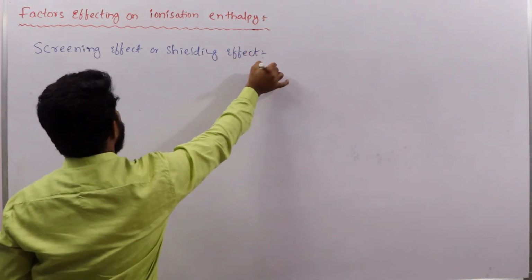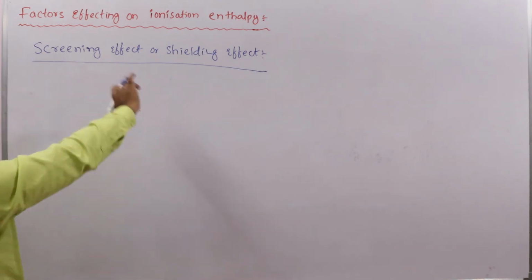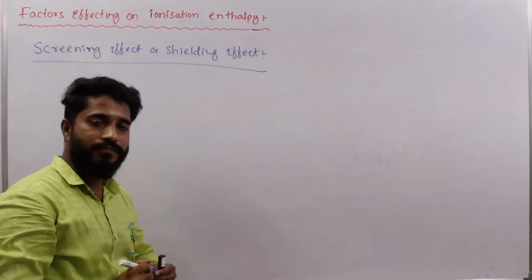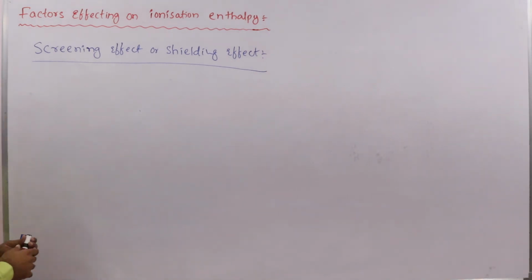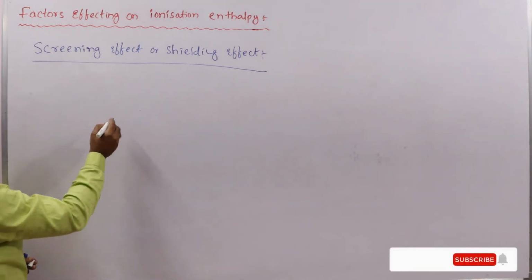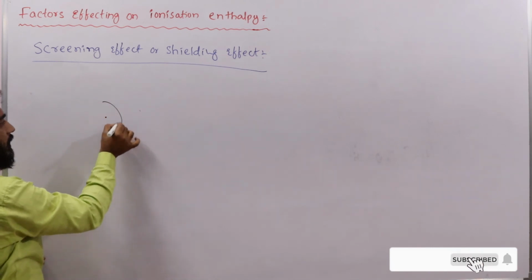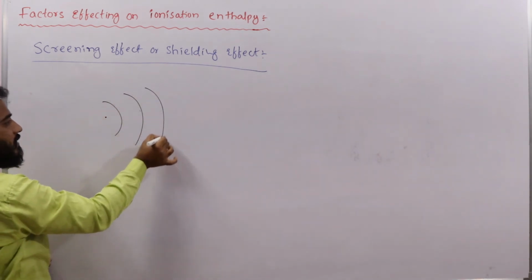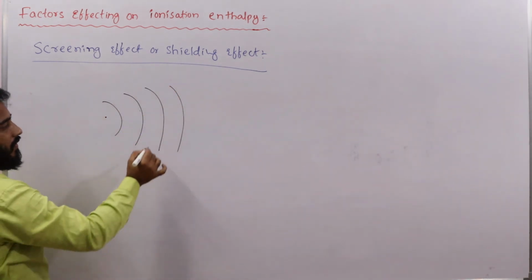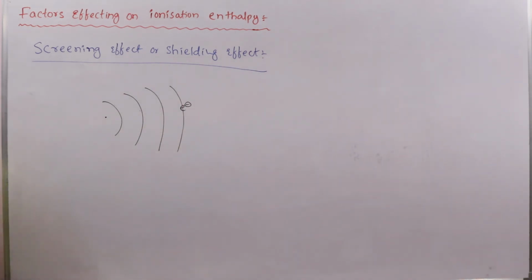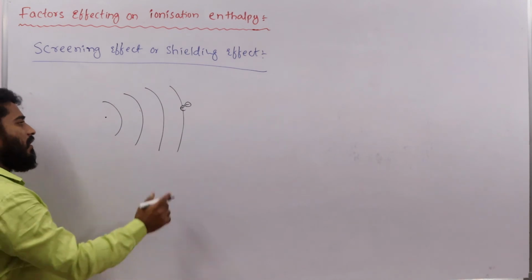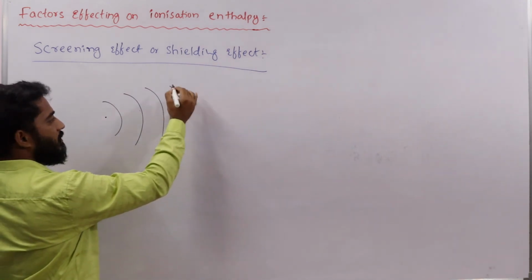We already discussed this screening effect or shielding effect in atomic radius. So let us see, what is the screening effect? It is when inner electrons increase in the atom. For example, this is the fourth shell. Here one electron is present, the outermost electron, that is 4s1 or 2.